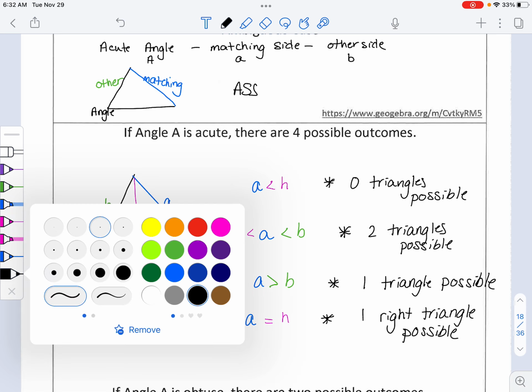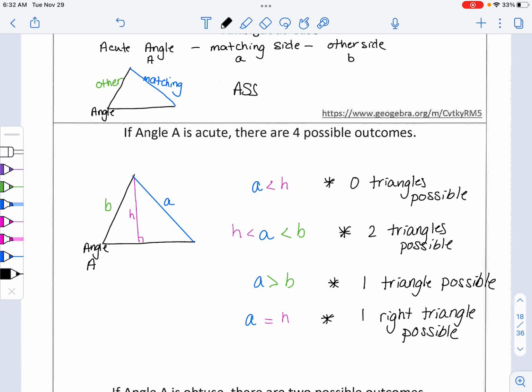And as they talked about in that video, for us to find that height, we're going to use this angle A in there, and we're going to do a basic SOHCAHTOA. So we would say the sine of angle A is equal to your height over that other side B, because that would be the hypotenuse in that right triangle.